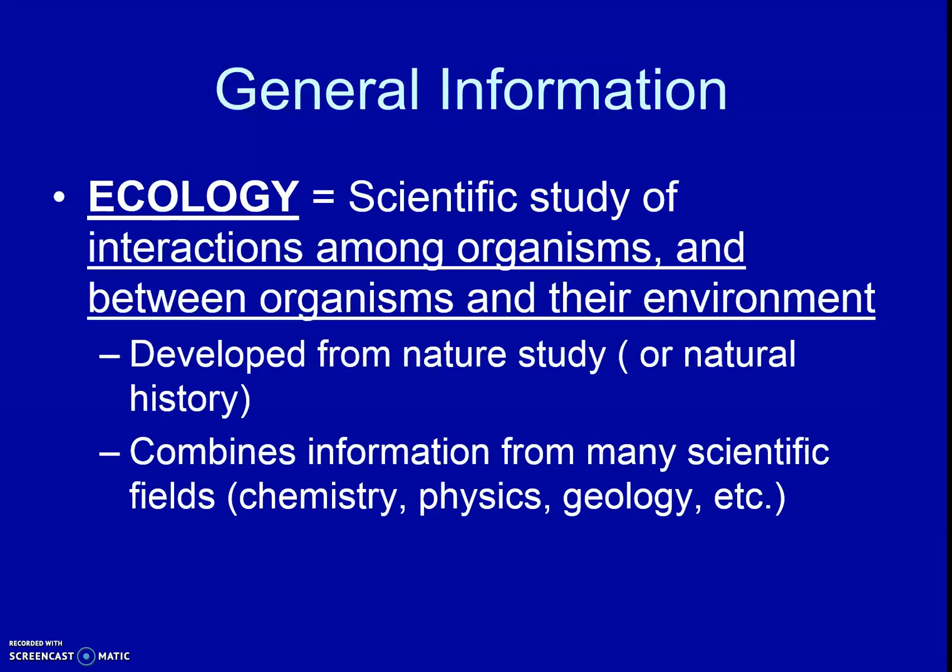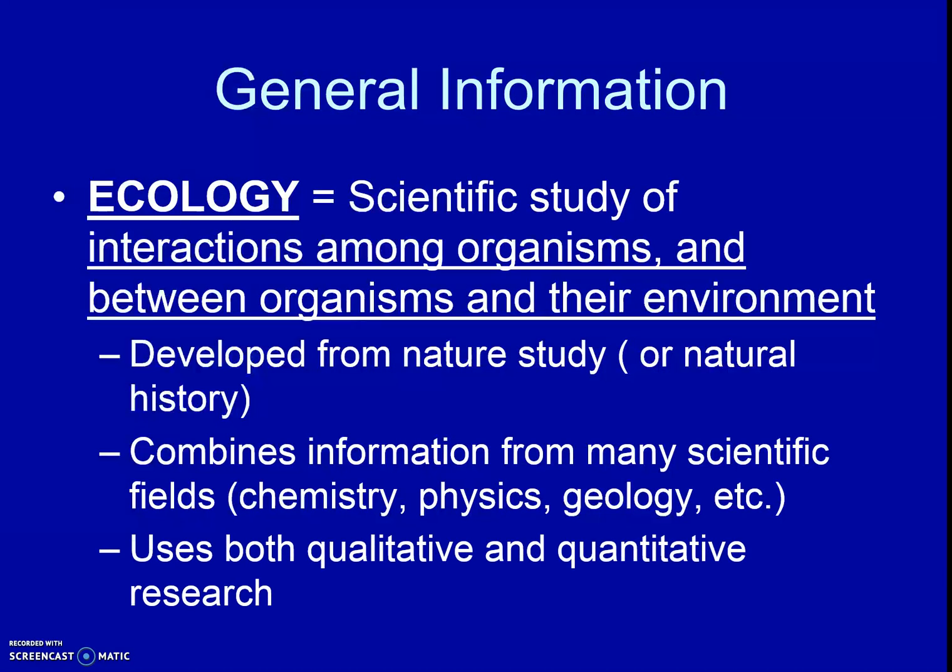When scientists are talking about ecology, it's not quite such a narrow field. We're actually taking information from lots of different science areas, such as chemistry, physics, geology, and of course biology too. When we are looking at ecology, we will use both the qualitative and quantitative types of research.